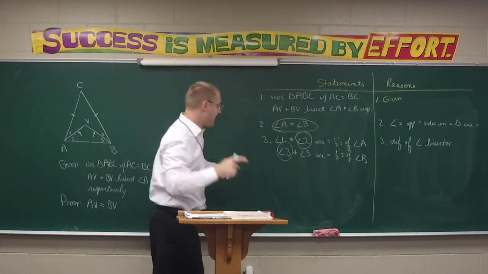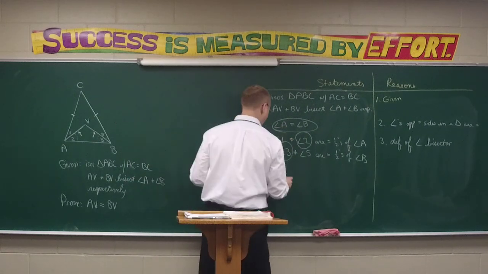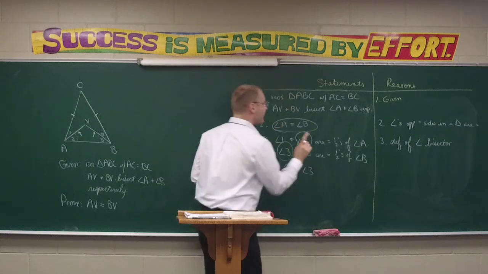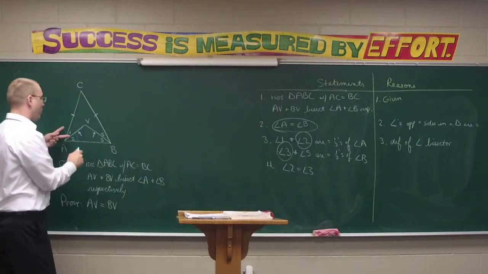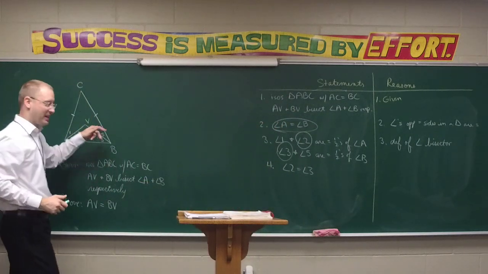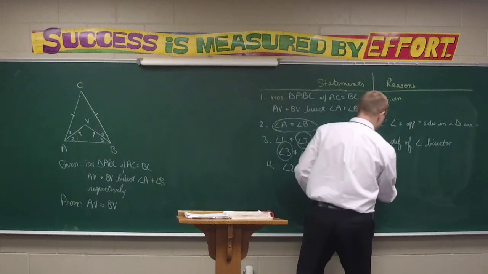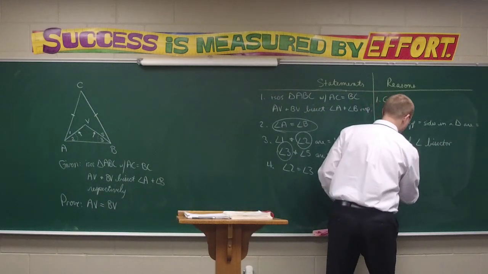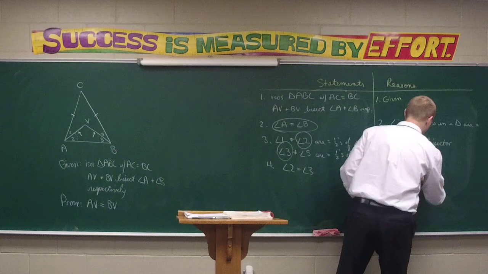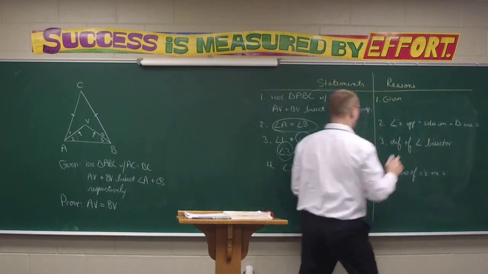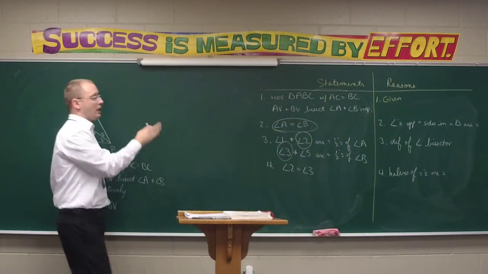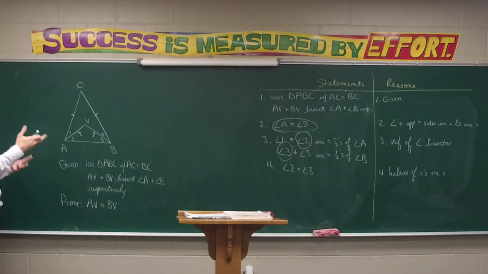And so we can say, number 4, that angle 2 equals angle 3 if I say equal halves instead of just equal angles. The reason here, of course, would be halves of equals are equal. We've seen this a few times now this year. So hopefully we're starting to see when to use that equal halves idea. Yes, 2 and 3 are both halves of equals. Halves of equals are equal.